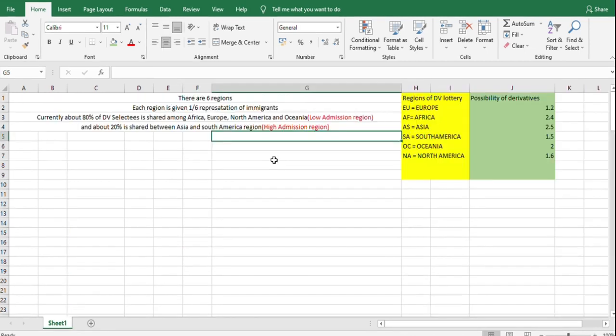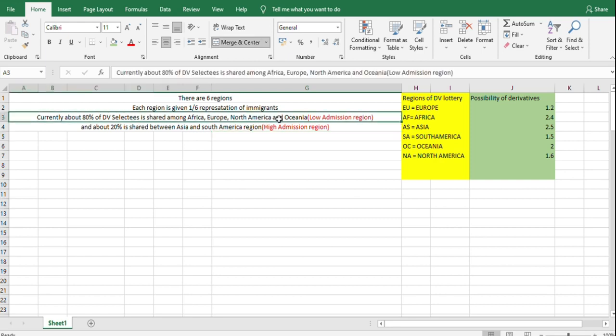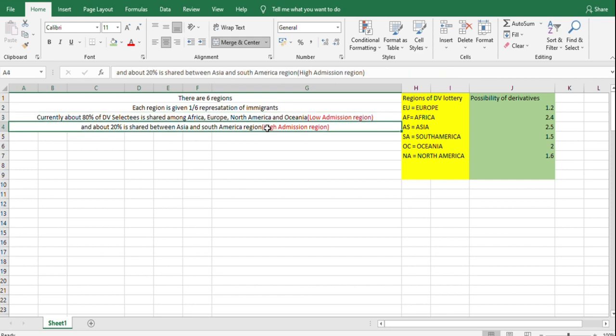As you can see here, currently the low admission regions include Africa, Europe, North America, and Oceania, while the high admission regions include Asia and South America.